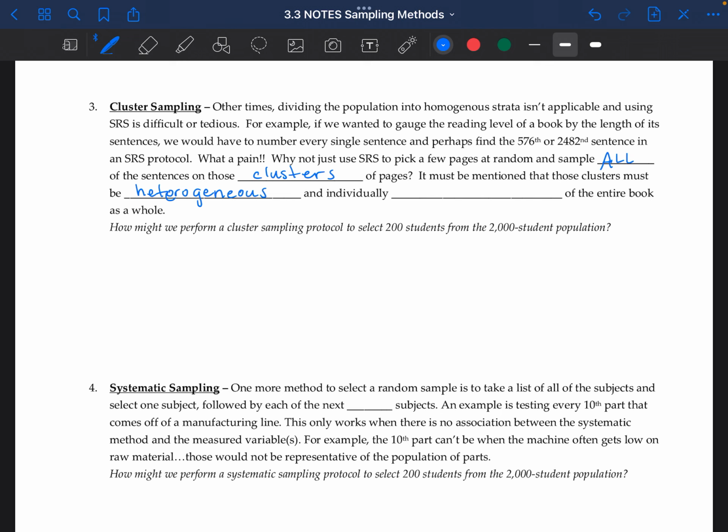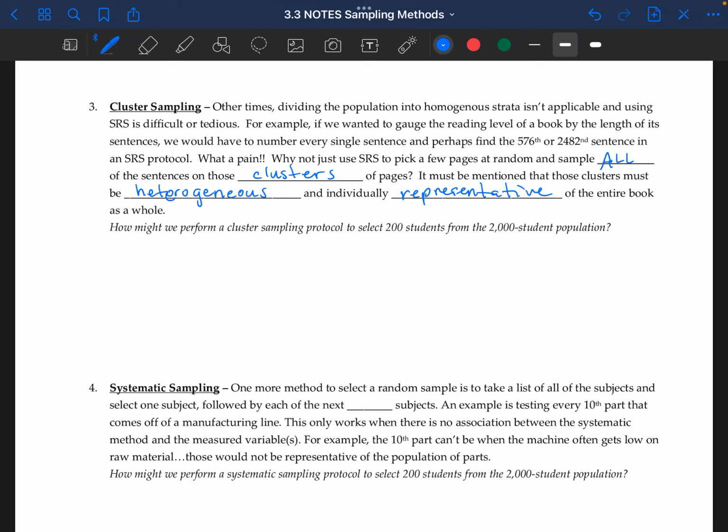You have to be aware that the pages you're looking at are similar to the other pages in the sense that maybe there's 4-word sentences and then 12-word sentences, 27 word. They vary as you go along, and thus individually are representative of the book at large. That's what you're literally looking for here.